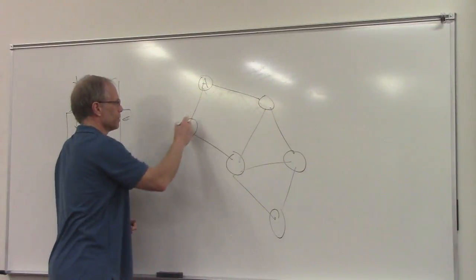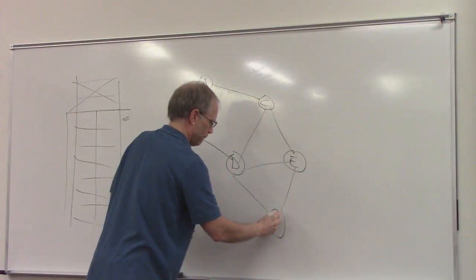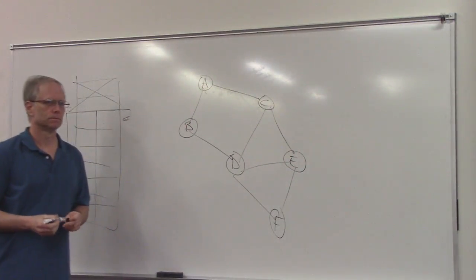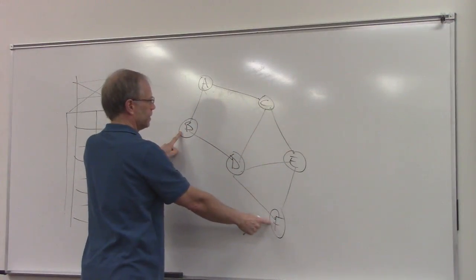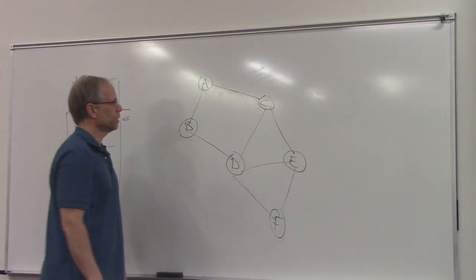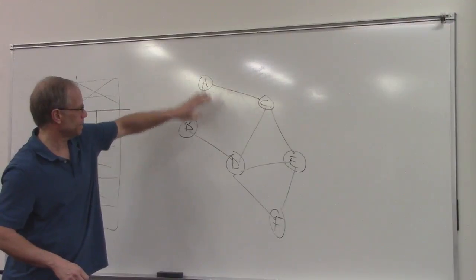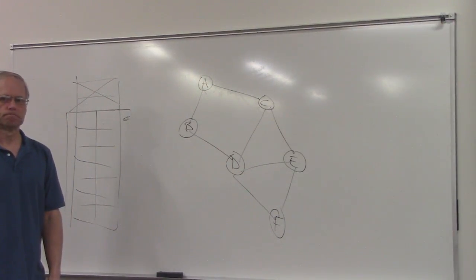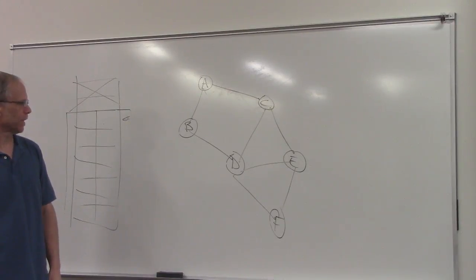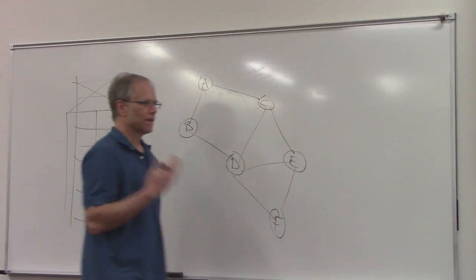Let me give these some letters so you can talk to me. C, B, F. So he suggests C, B, F. There are no edges between them, so that's 3. Could we do 4? I don't believe so. A, D, F? No, ADF doesn't even work. Okay, so that's the question.